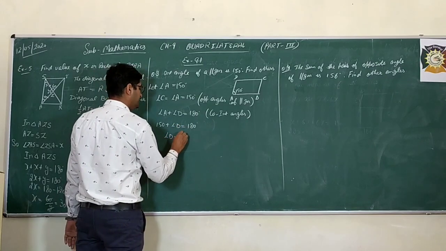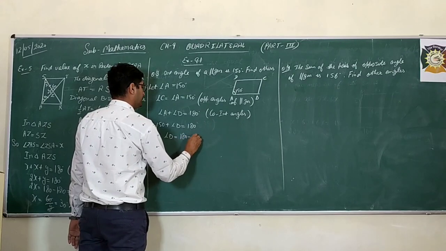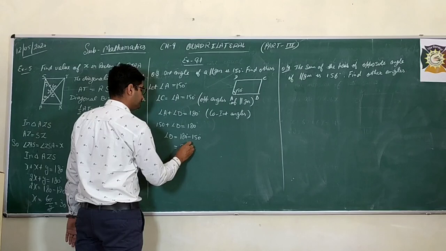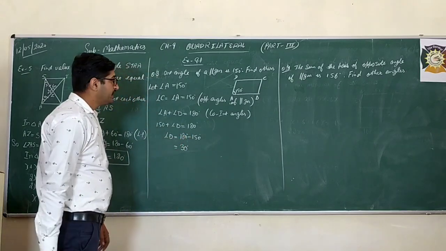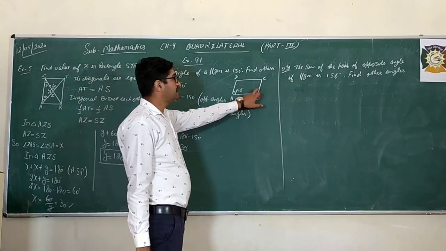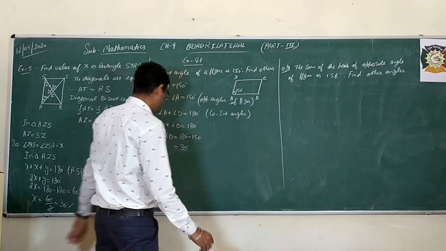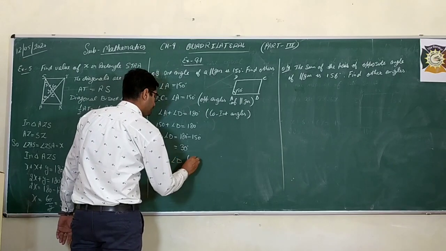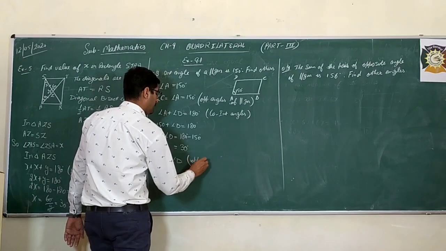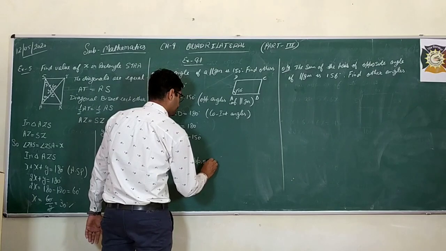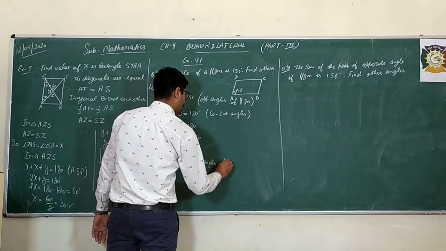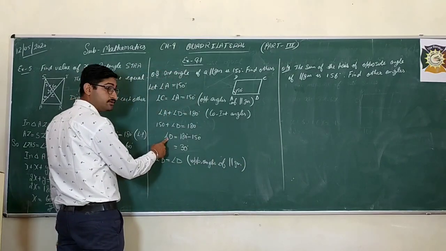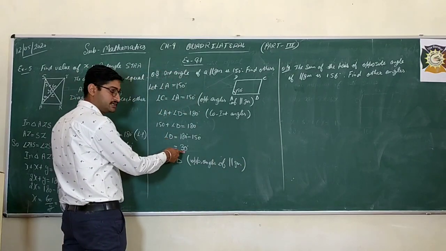So angle D is equal to 180 minus 150, that will be 30 degrees, and angle B is opposite to angle D. So angle B is equal to angle D because of opposite angles of a parallelogram, and we know that the value of angle D is equal to 30 degrees.